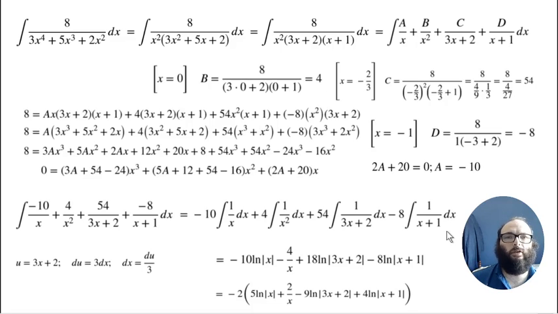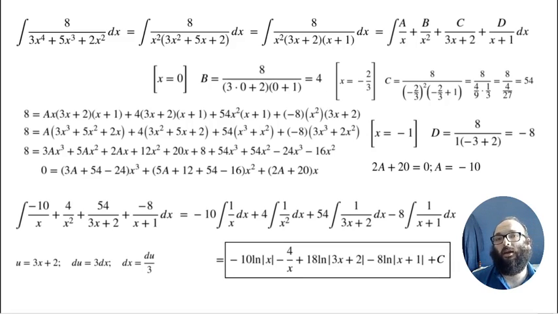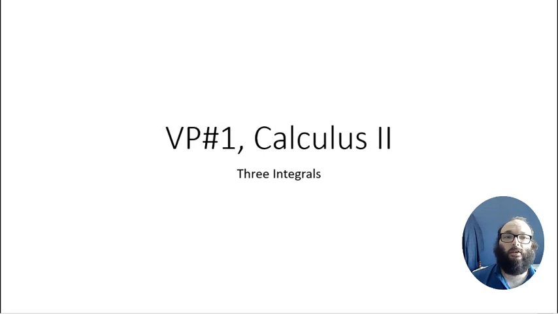But I don't think it really would have been any better, so I left it in. In fact, we're just going to stop right there, put on our plus C, and we're done with that one. Nice. And that's all of them. That's all we got here to work with.